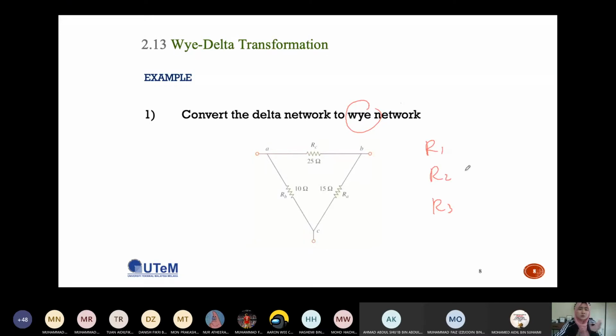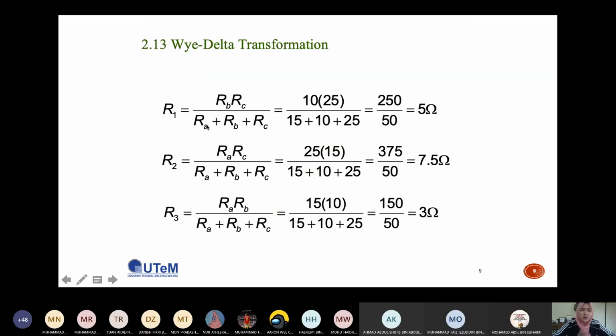Just use the formula in the previous slide. R1 equals RB times RC, divided by RA plus RB plus RC, and so on for R1, R2, and R3. Then you just put in the values, and you will get the values for R1, R2, and R3. You can try this.